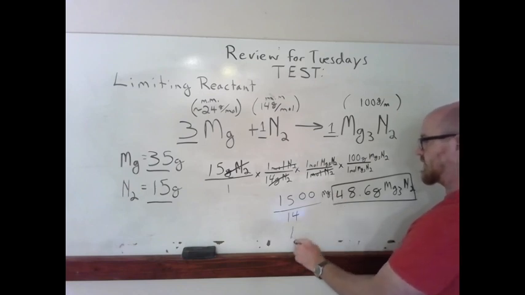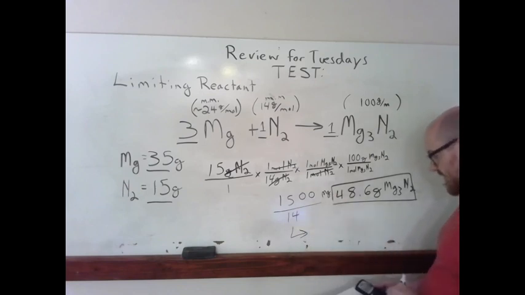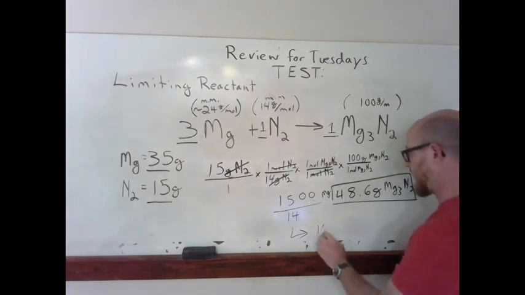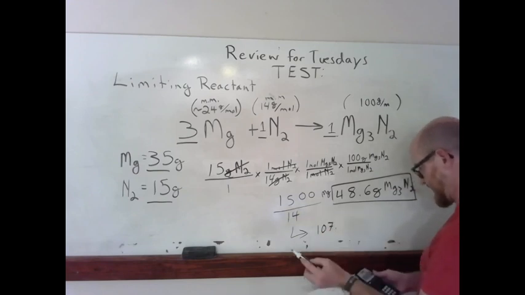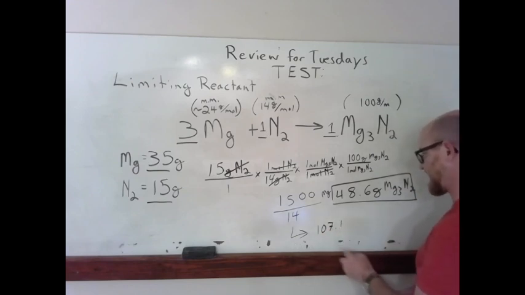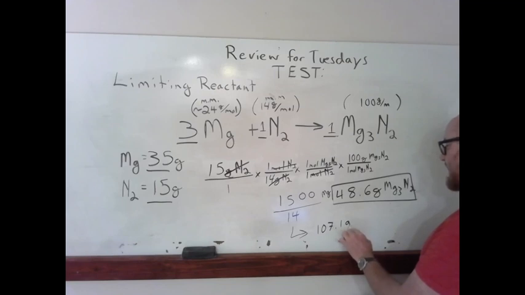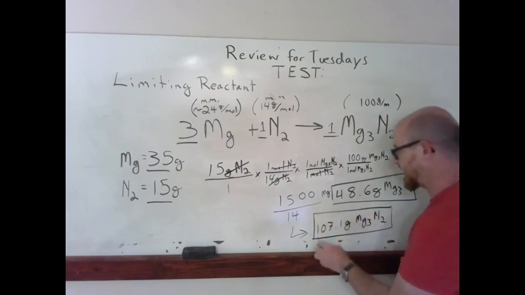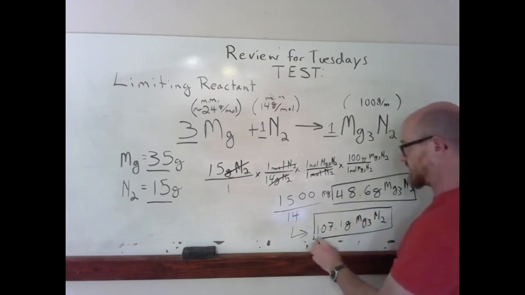Down here, we get a final answer of 107.1, essentially. 107 grams of Mg3N2, magnesium nitride.